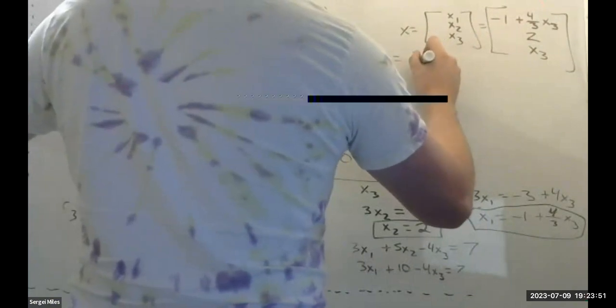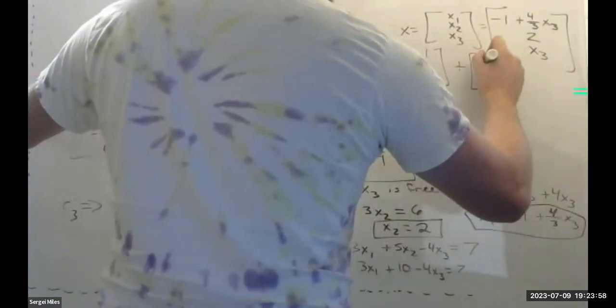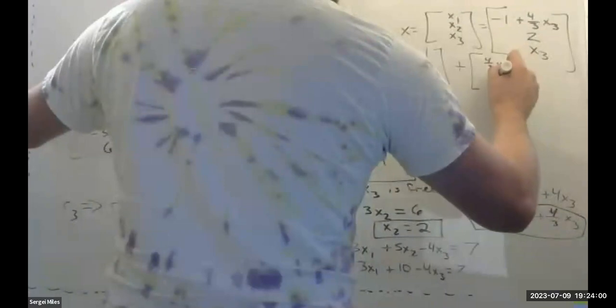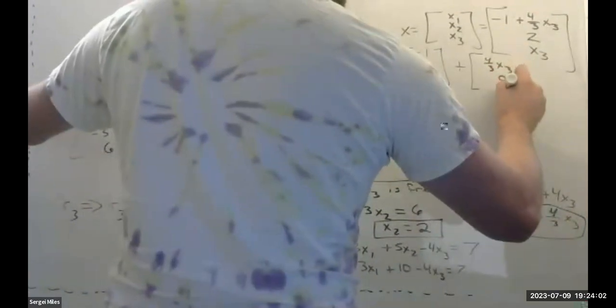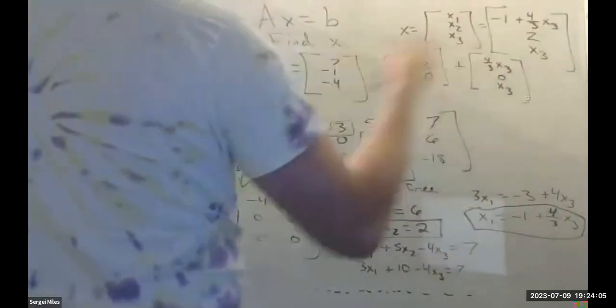I have a constant -1, a constant 2, and no constant in the third entry, plus 4/3 x3, 0, x3, right? I've pulled this vector apart where now I have two different vectors.